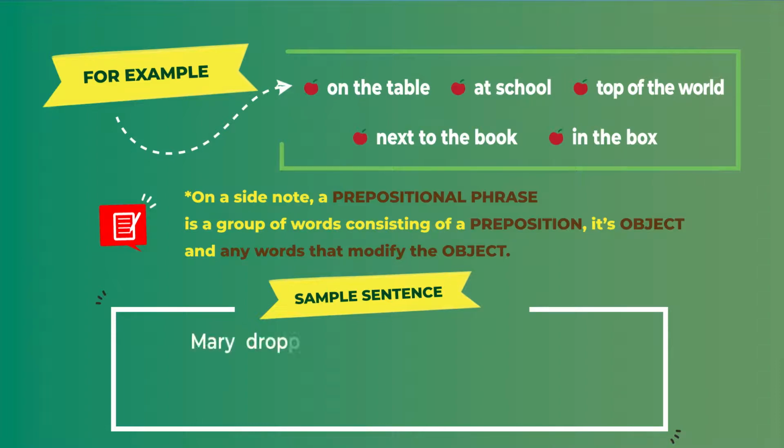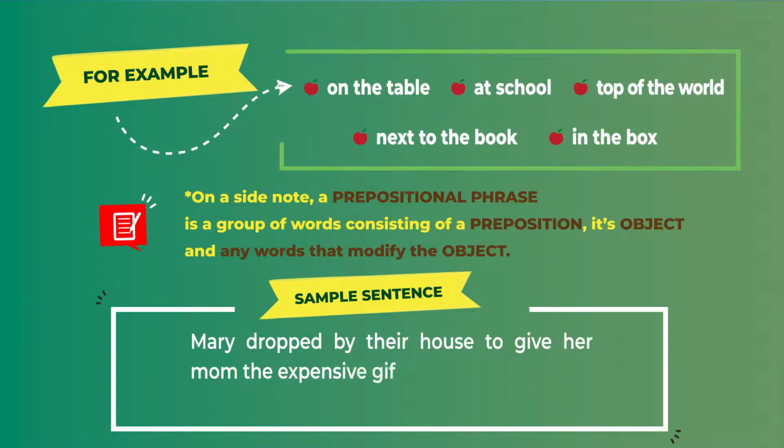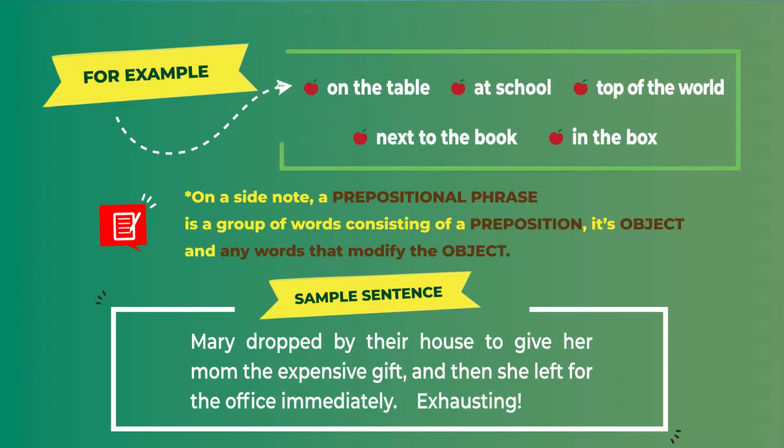Mary dropped by their house to give her mom the expensive gift, and then she left for the office immediately, exhausting. We have 3 prepositions in the sentence, namely by, to, and for.